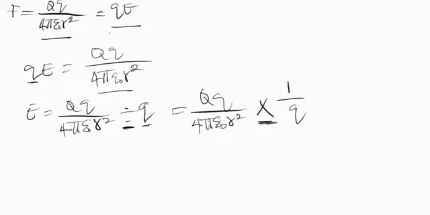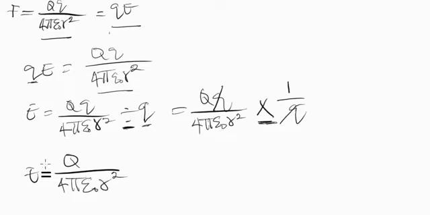So now at this point, I can simply go ahead and cancel off Q and Q. Now therefore, E becomes Q over 4 pi E naught R squared. Alright, let's go ahead and wipe this.